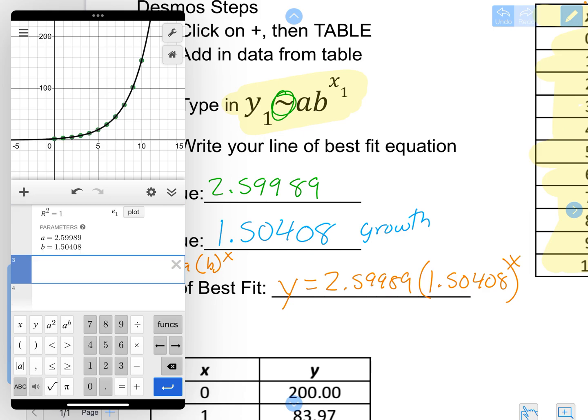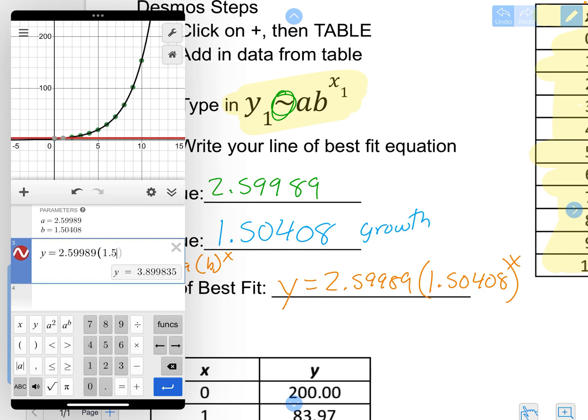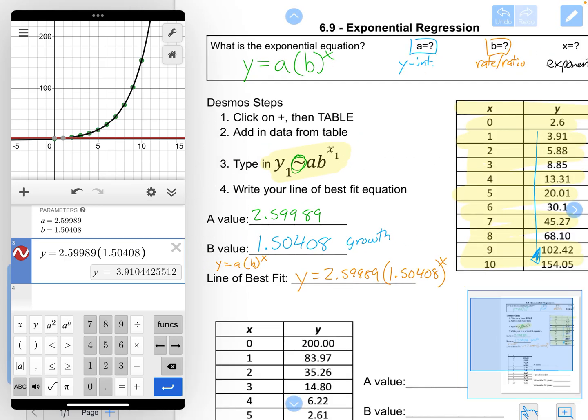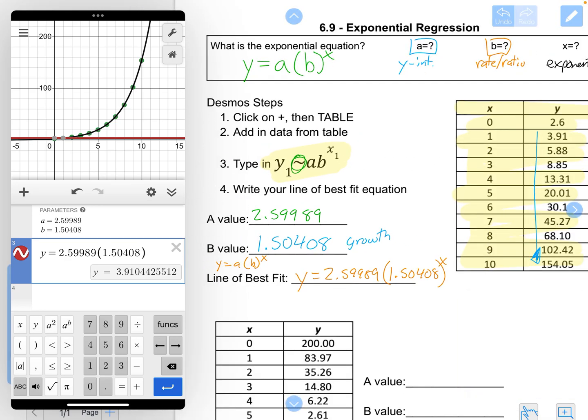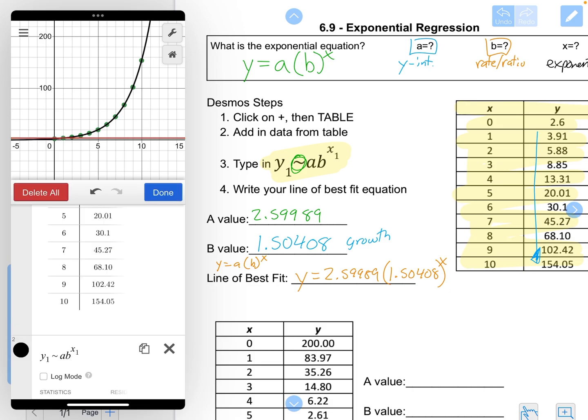So we want to type in this equation, y equals 2.59989, parentheses, 1.50408, parentheses. And then we can use this data to predict what the value of, let's say, a car, or the value of a baseball card, or the value of land is going to be in the future.